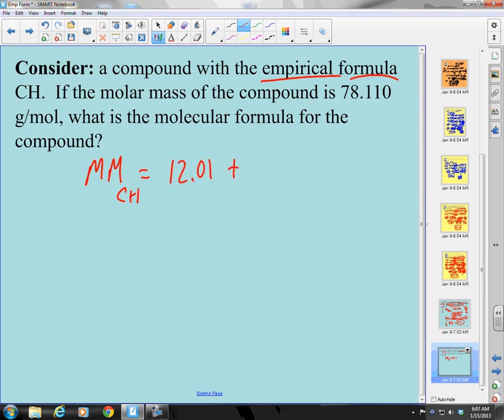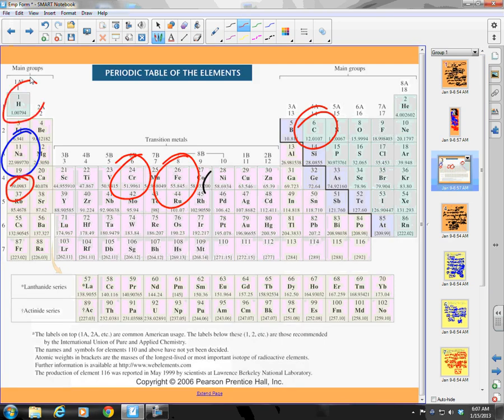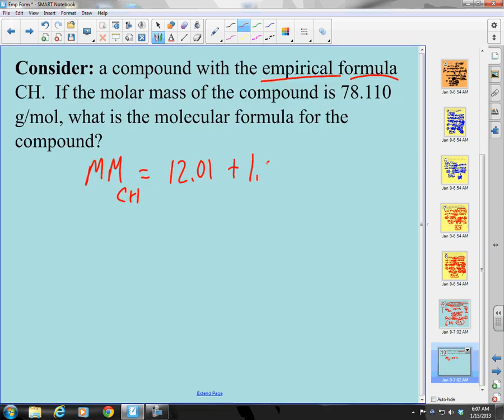What's the molar mass of hydrogen? 1.008. Yes, it is indeed 1.008. And when I add those together, what do I get? I get 13.018 grams per mole.